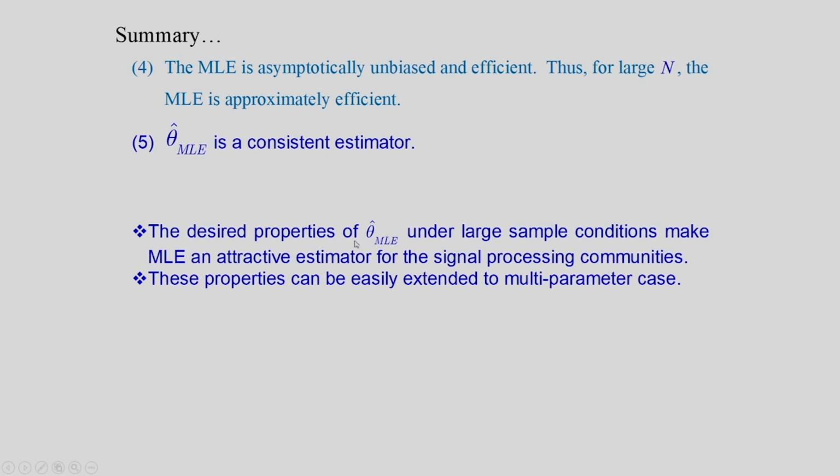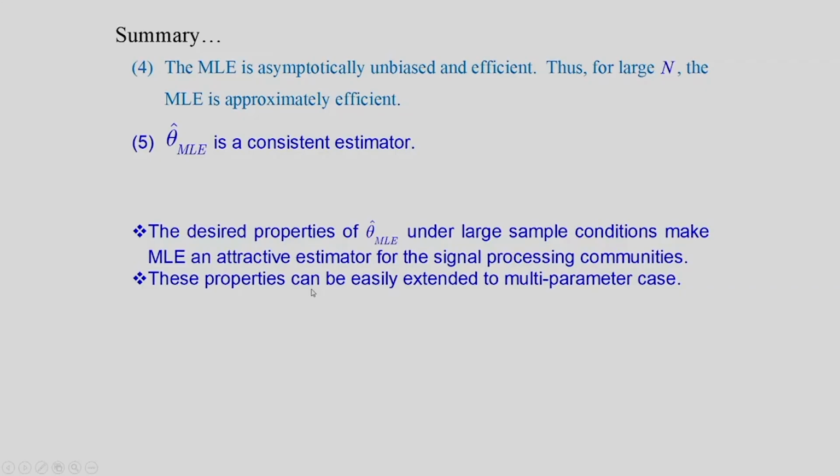The desired properties of theta hat MLE under large sample conditions make MLE an attractive estimator for signal processing communities. In many signal processing applications we use, for example, mean, variance, median, etc., where the MLE estimators are used. These properties of MLE can be extended to the multi-parameter case.